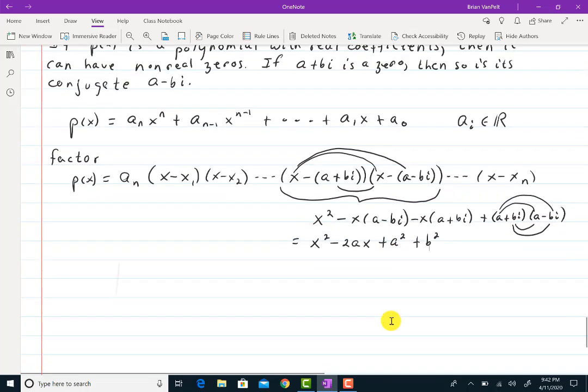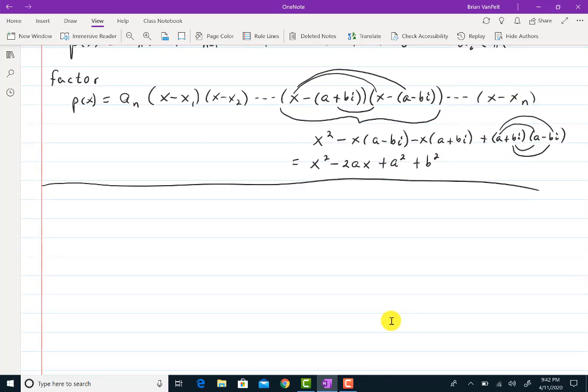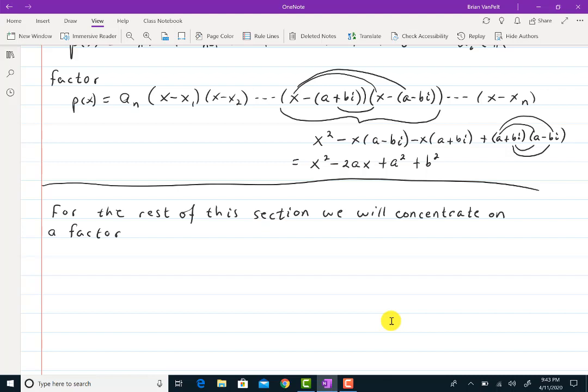So, anyways, here's what we're going to be dealing with. For the rest of this section, or video section, whatever, we will concentrate on a factorization A equals PCP inverse, like that which I showed you above.